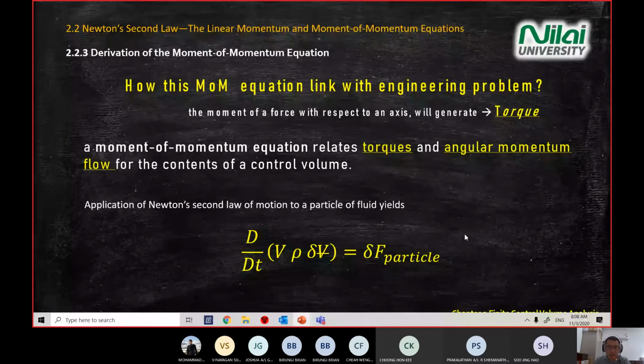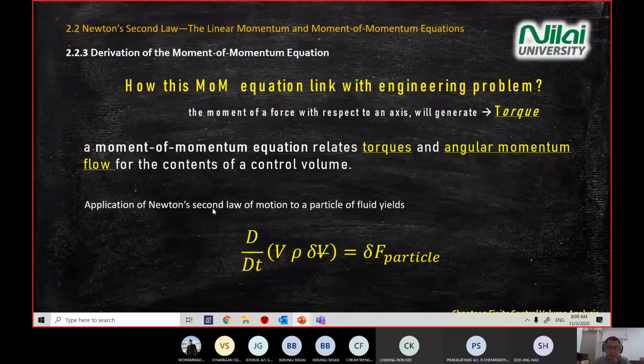If you see this form, you know that once your equation has a force, it falls under Newton's second law of motion, which focuses on force.